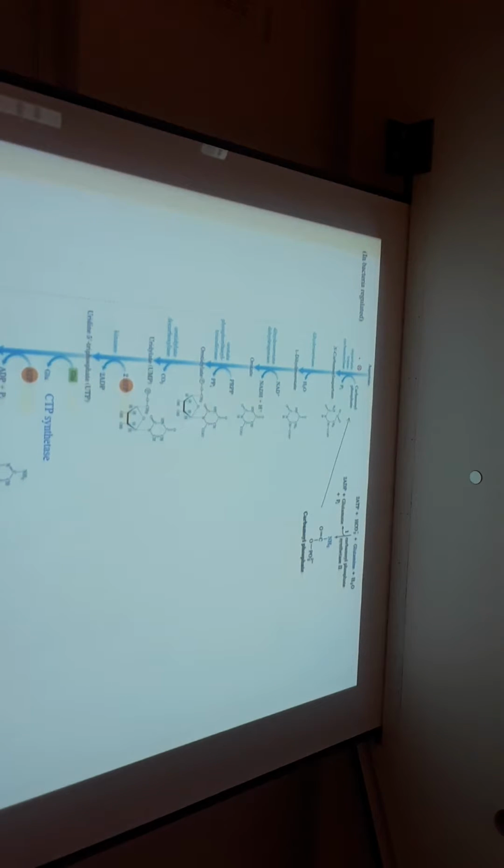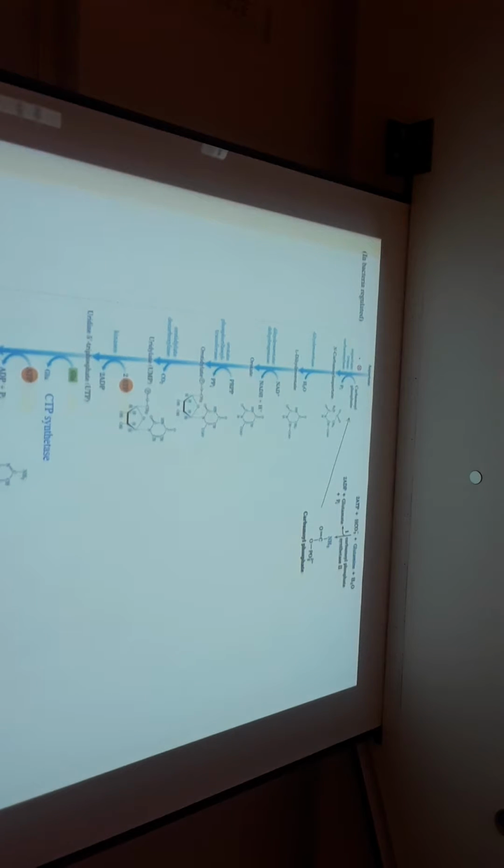Now here, when we talk about the synthesis of carbamoyl phosphate as it relates to the synthesis of pyrimidine nucleotides, it's a little different because it occurs in the cytosol, and also utilizes the nitrogen from glutamine.